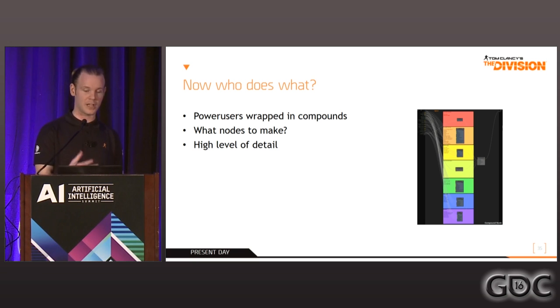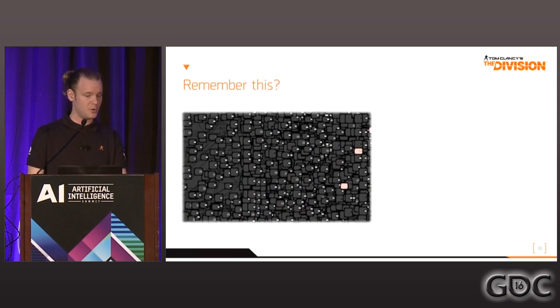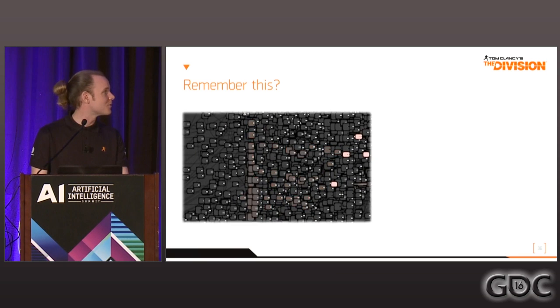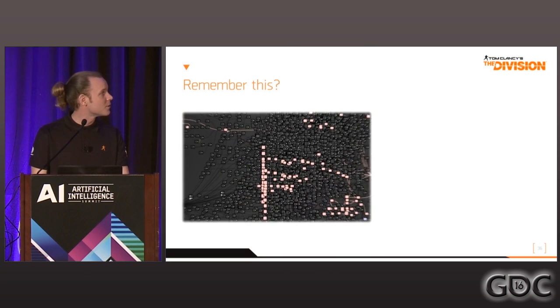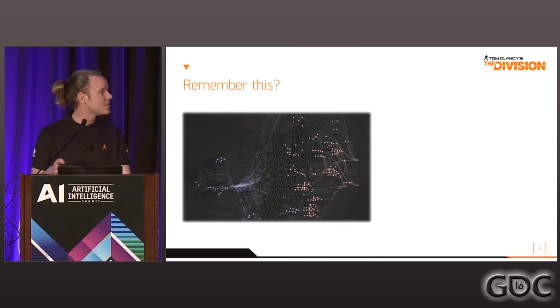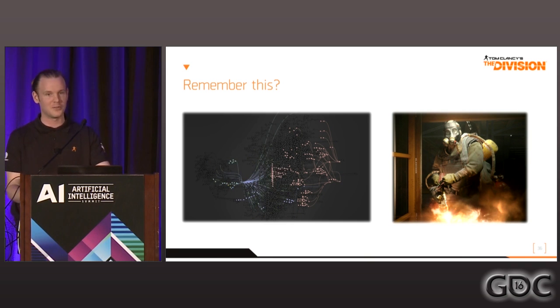Given that, we have a pretty high level of detail in the tree. You might remember this part from when I was looking at the behavior tree architecture. And now that you've seen it, that is actually this guy. So that's one of the simpler human behaviors that we have. That was a bit of a shock.